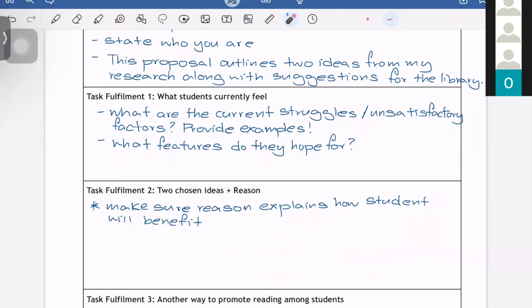Okay, any other questions? Is it necessary to include the cons? No. Just make sure you're justifying your choices. The pros and cons is just for you to decide what you want to choose. So that is a practice for you to decide which options you want to choose.